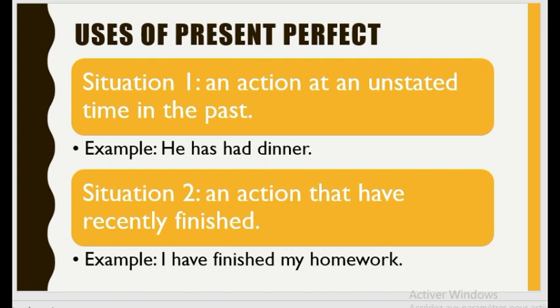So he has had his dinner, but we don't know when he had it. Situation number 2, an action that has recently finished, an action that just finished. For example, I have finished my homework. I have just finished my homework.